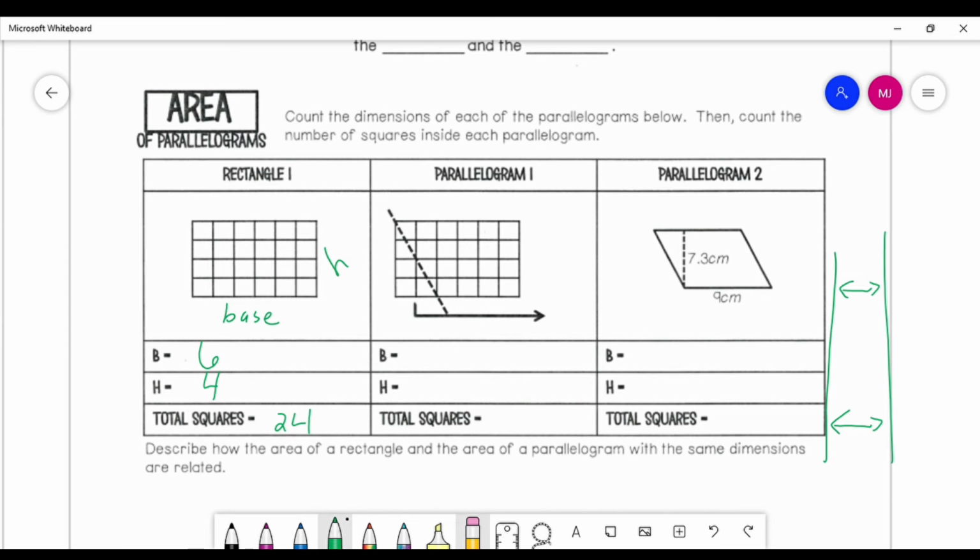Okay. Base on this one. So ignore the fact that it's got a slanted line with an arrow on it. What's the base? 6. What's the height? 4. What's the total squares? 24.